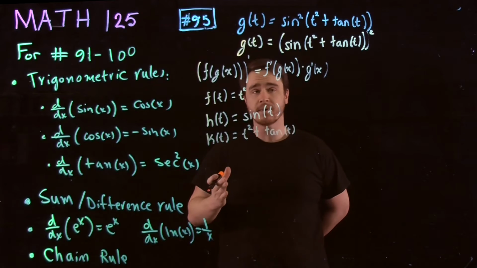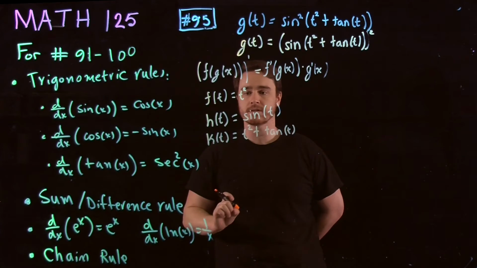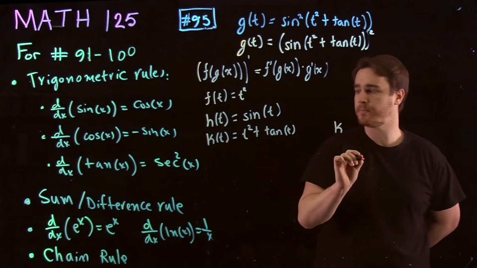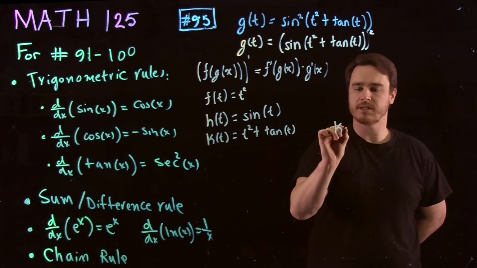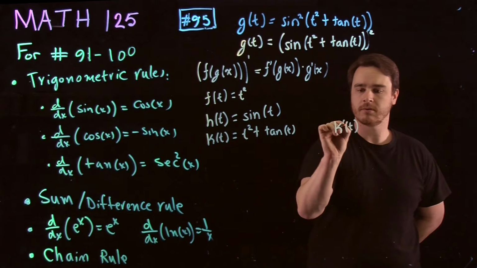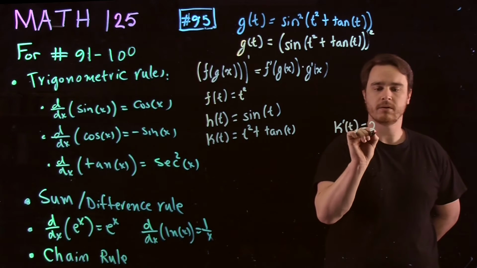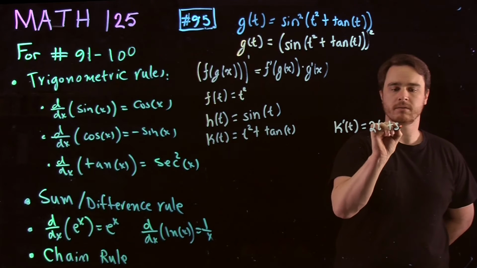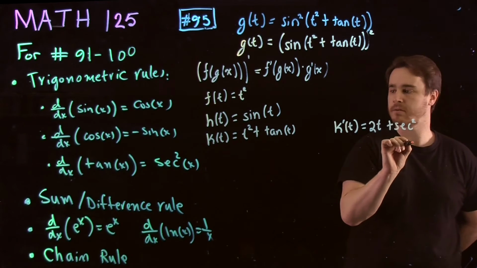So, before we can find the derivative of all of these, let's start at the bottom. We have k of t. The derivative of this is going to be 2t plus secant squared of t.